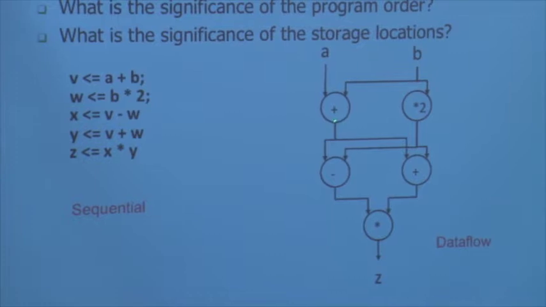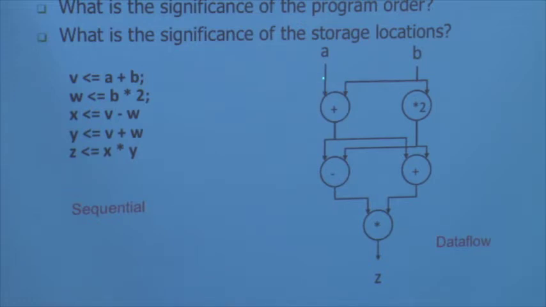And you can see that the storage locations are actually arcs in this graph, right? And the instructions are actually nodes. And the nodes could be different. They could be add, or in this case, a multiply by 2 node. They could be minus, subtract, add, multiply. And the arcs enable the communication of the values between the instructions.